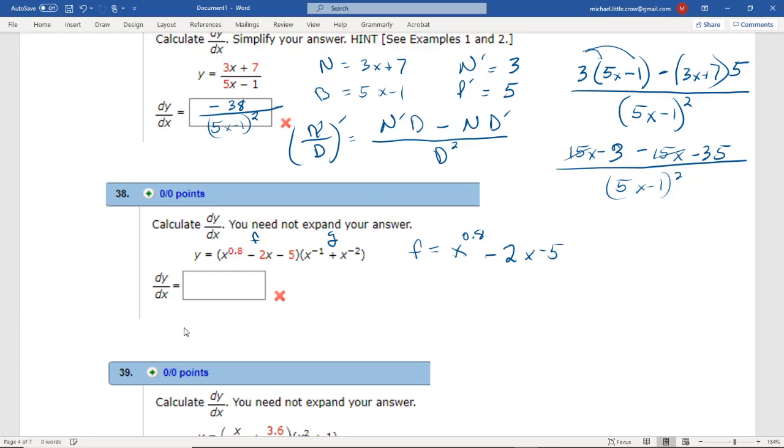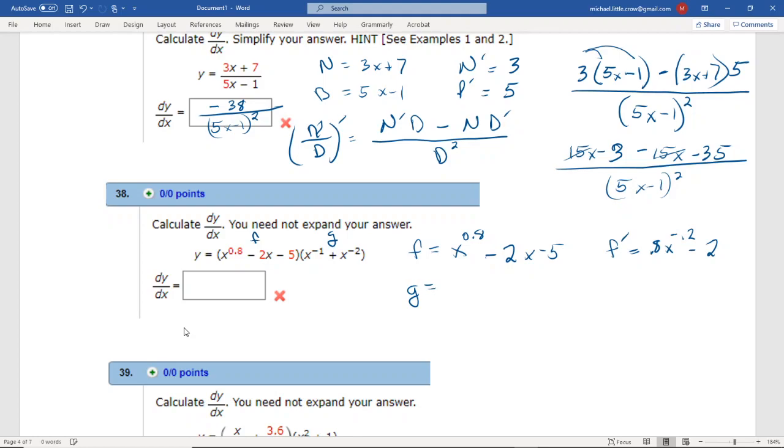So if that's our function, for the derivative of f, the 0.8 is going to come down, so you've got 0.8x, subtract 1 from that, so you're going to get a minus 0.2. The 1 comes down, so you get a minus 2x to the 0, and then the derivative of the negative 5 is 0, so that's it. So there's our derivative of f.